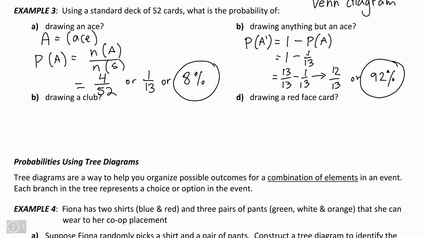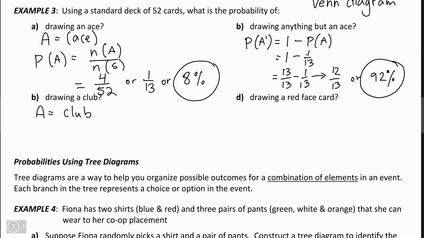What about drawing a club? If my event A is a club, I've got to know first how many clubs there are in a deck of cards. I've given you decks of cards in class, you could count them, but I'll tell you here that there are 13 cards.